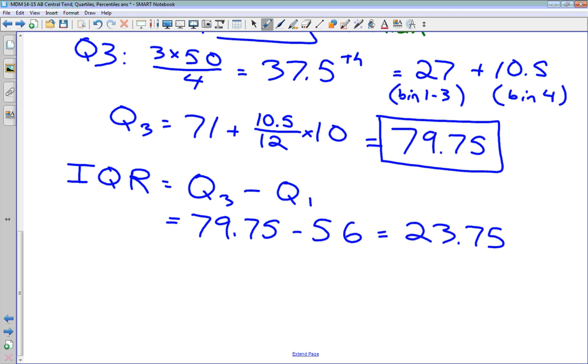So that number all by itself doesn't mean a whole lot, but it's useful when you're comparing two data sets to one another. And we're going to talk more about that when we talk about standard deviation in the next lesson. So let's move on to part B here, where they're asking us to figure out what the 90th percentile is.